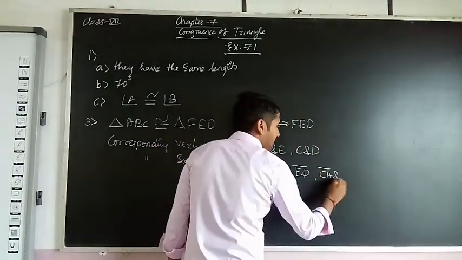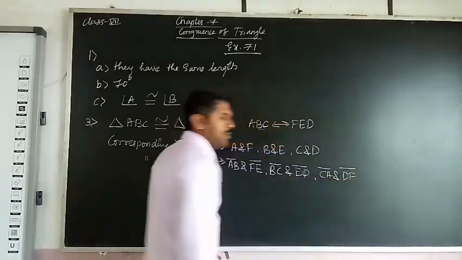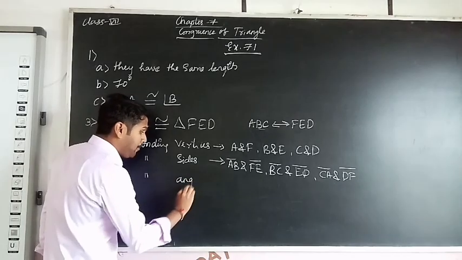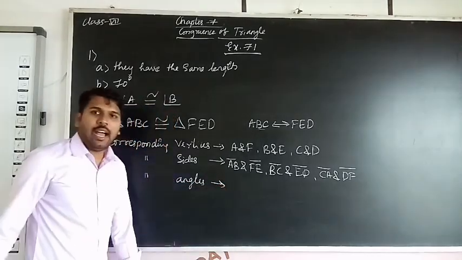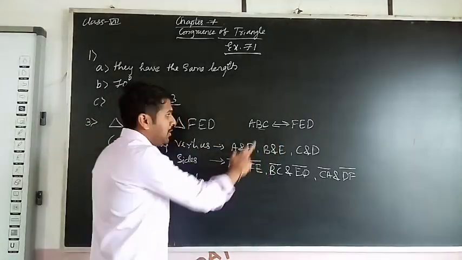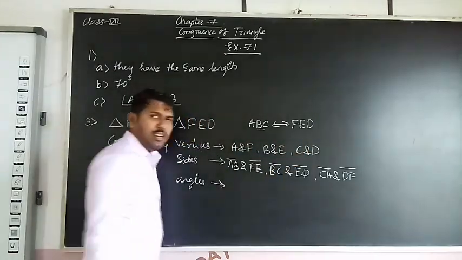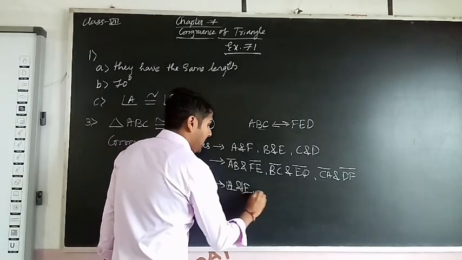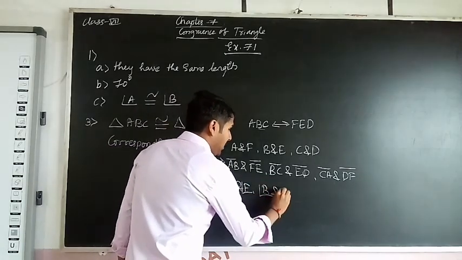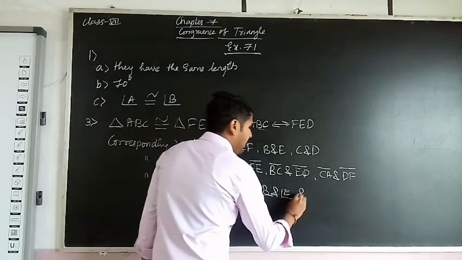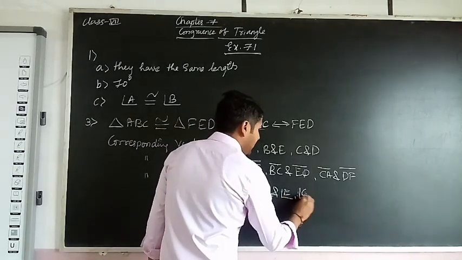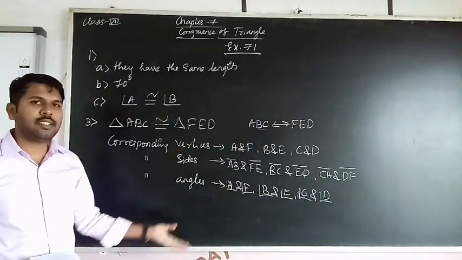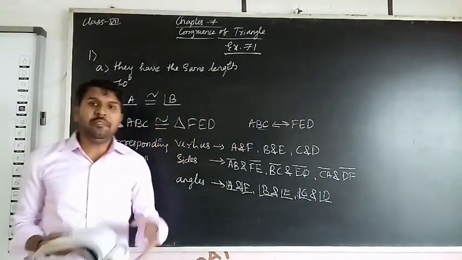That's it. So these are the corresponding sides. Corresponding angles: A for F, B for E, C for D. So angle A and F, angle B and E, angle C and angle D. These are the corresponding parts of triangles ABC and FED.